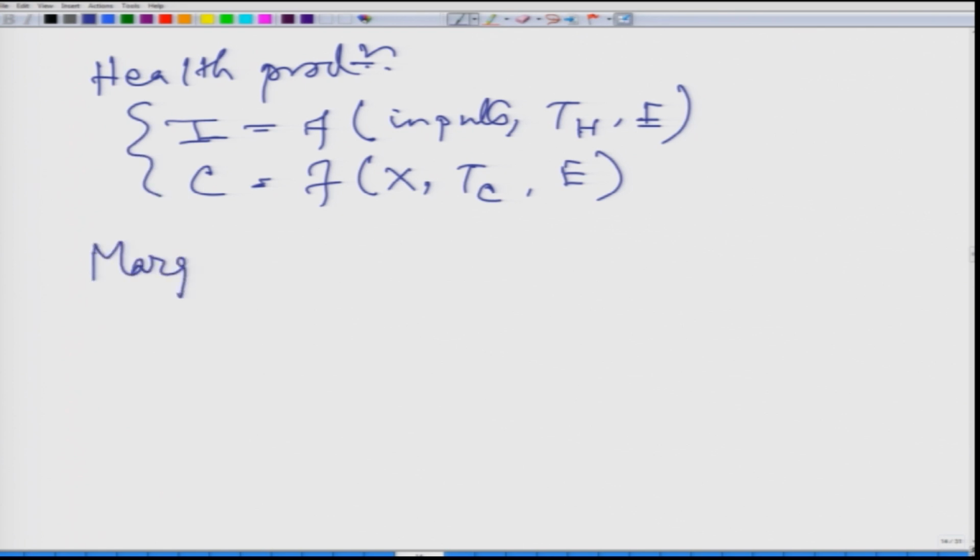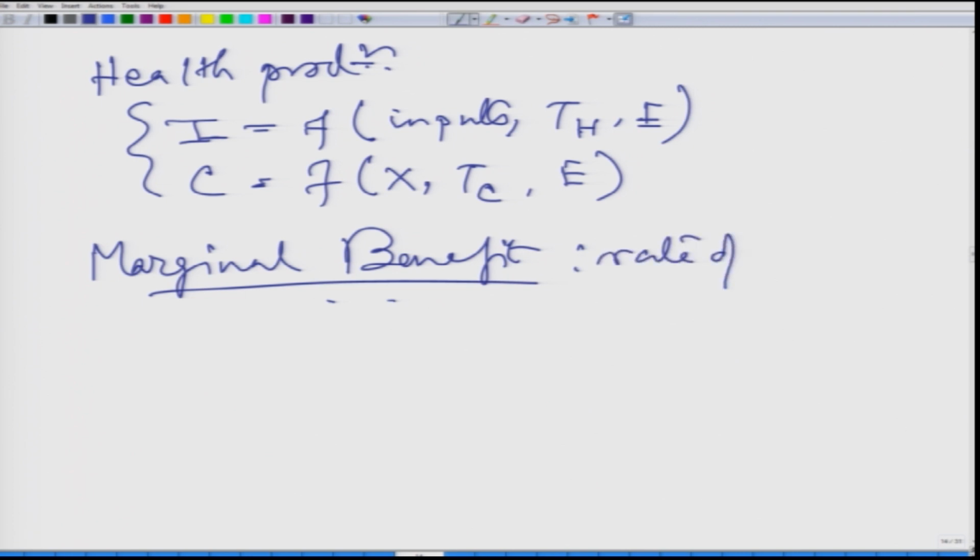If we are looking at the marginal benefit, then this marginal benefit will give me a rate of return, where this rate of return will be estimated by W, which is the wage, into G divided by C. G is the marginal product of health investments, so it will be W, the wage, into G divided by the consumption direct cost in terms of investment in health.